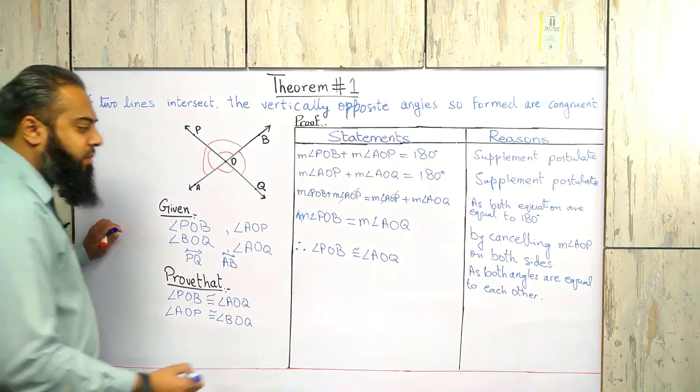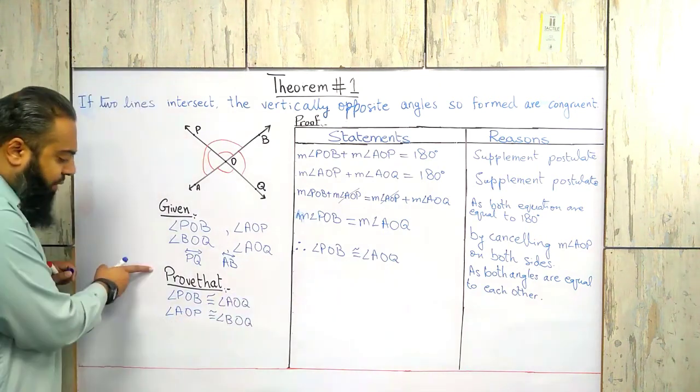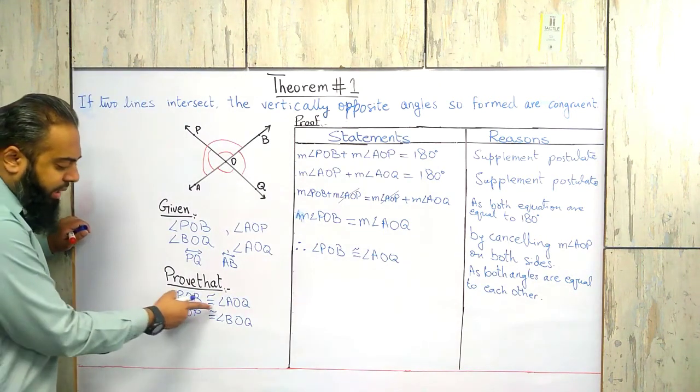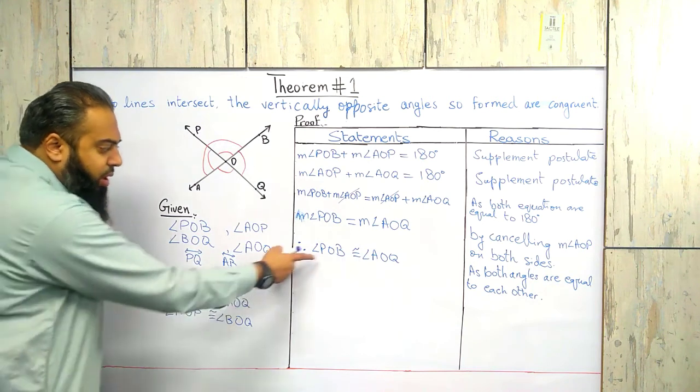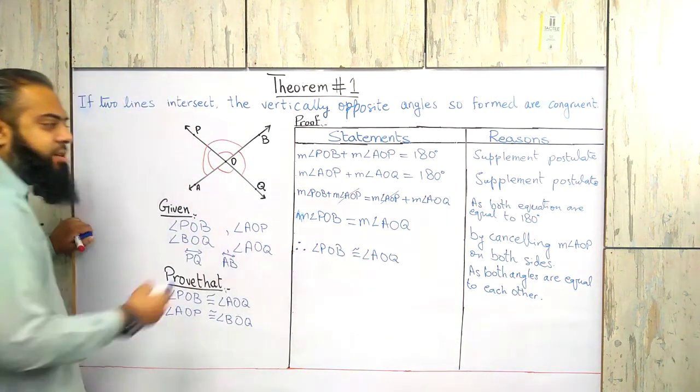And now we can clearly see what we have to prove: angle POB is congruent to angle AOQ, and we have achieved it over here.